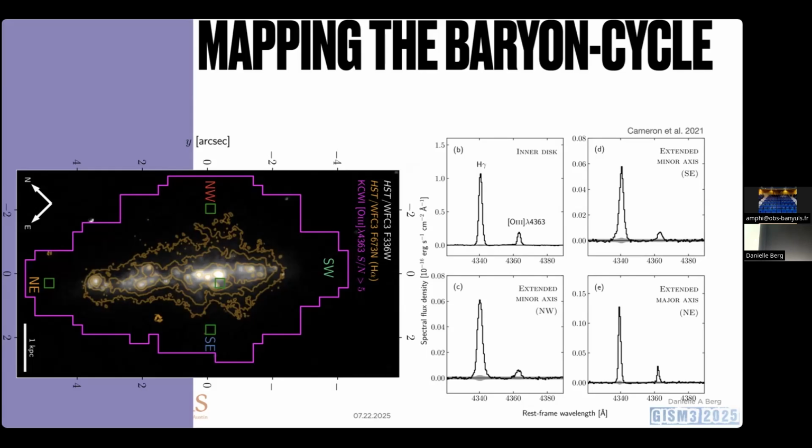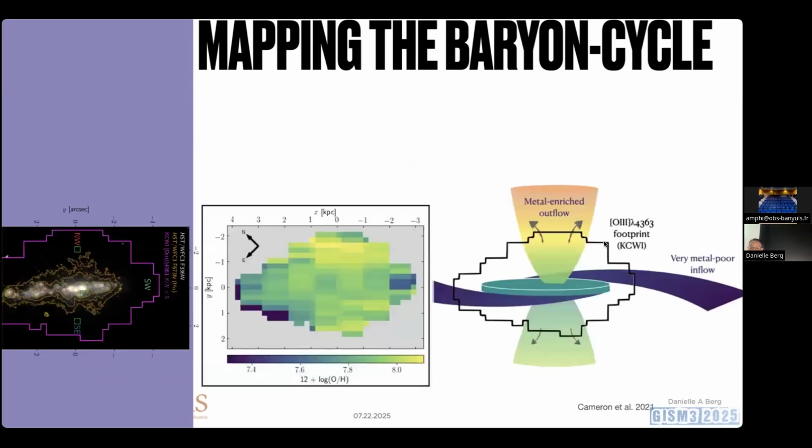This is some mapping with KCWI of a nearby galaxy where you're seeing the disk edge on. And so you have the minor axis here and the major axis here. And in these different blocks, outside of the main emission of the galaxy, we're now sensitive enough that we are measuring 4363 in the CGM off the galaxy. What's really cool about this is that Alex Cameron was actually able to do a direct method metallicity map across here.